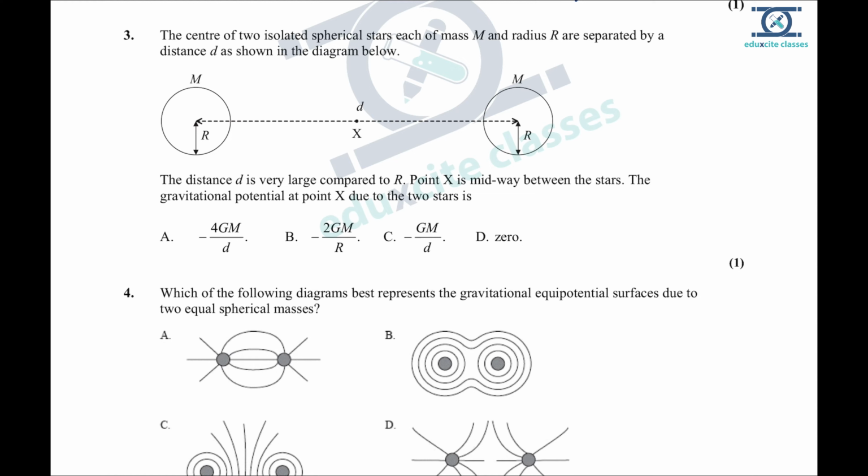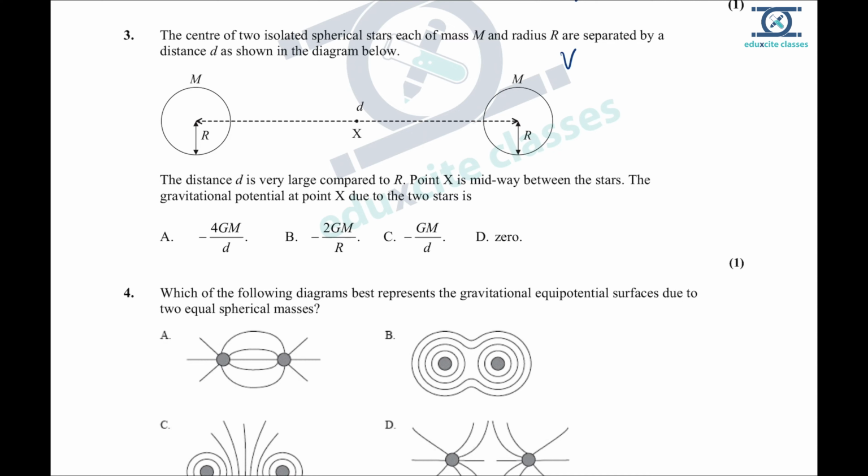Now question number 3. The centers of two isolated spherical stars, each of mass m and radius r, are separated by a distance d. This d is much larger than the radius r. The point x is midway between the stars. What is the gravitational potential at this point due to the two stars? We know that it is a scalar quantity.